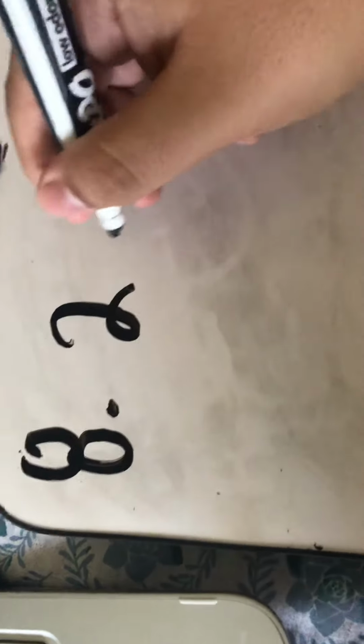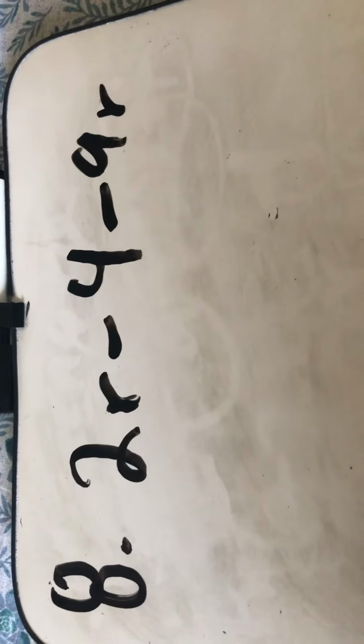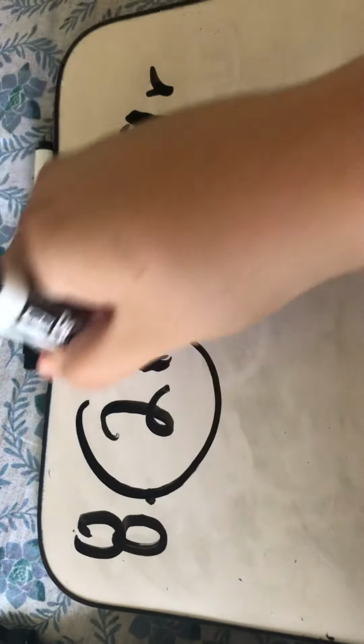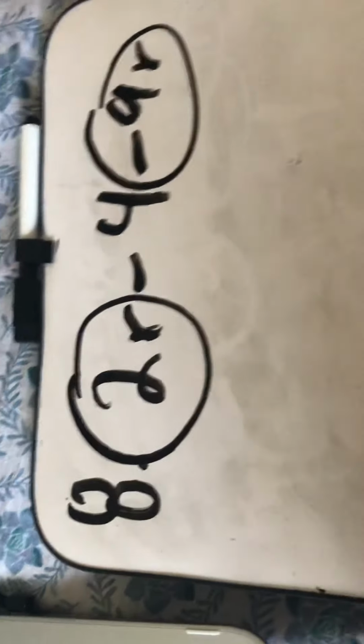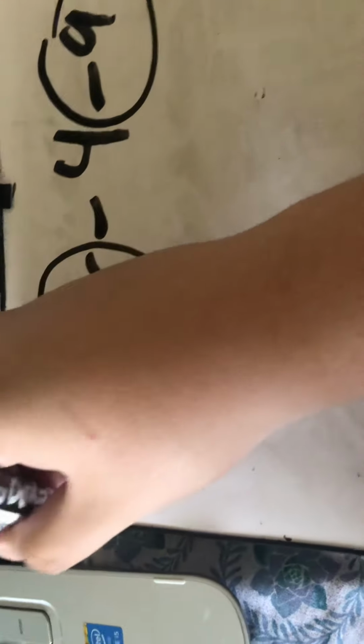You have 2r minus 4 minus 9r, okay? Right here, once again, circle the ones that are the same. So 2r and negative 9r, okay? There's no other 4. There's no other regular number, okay?